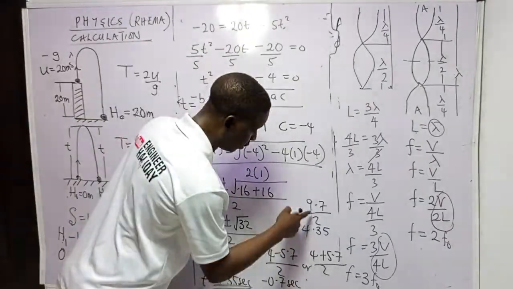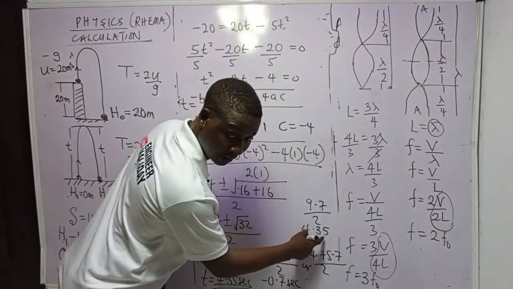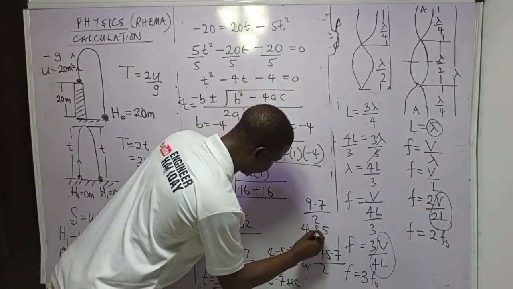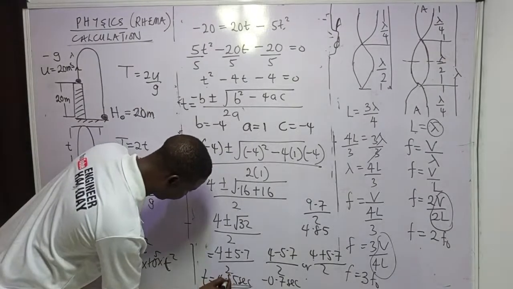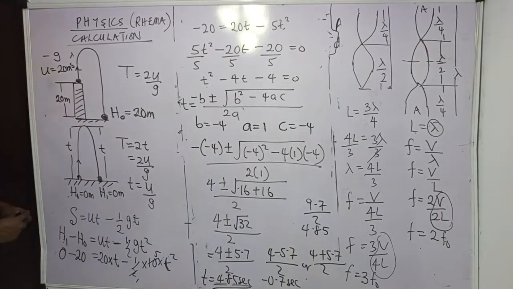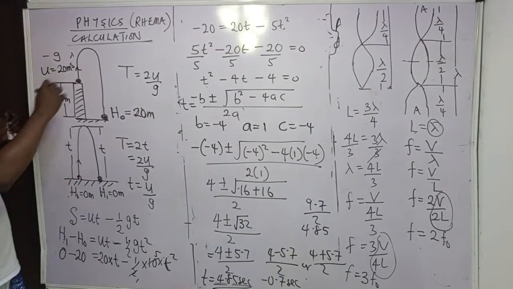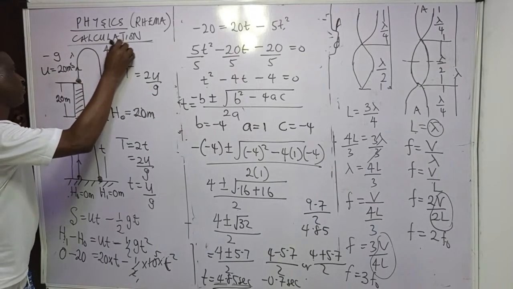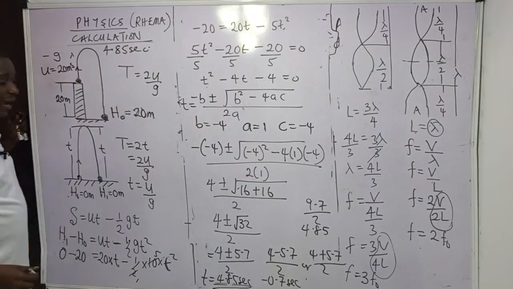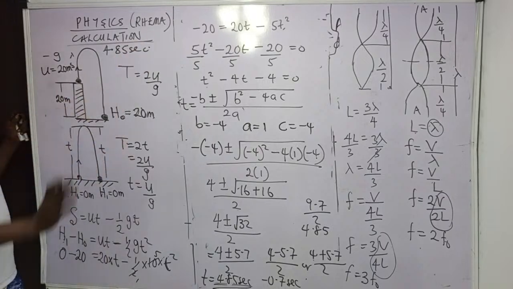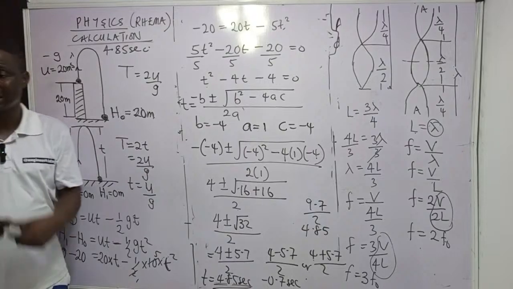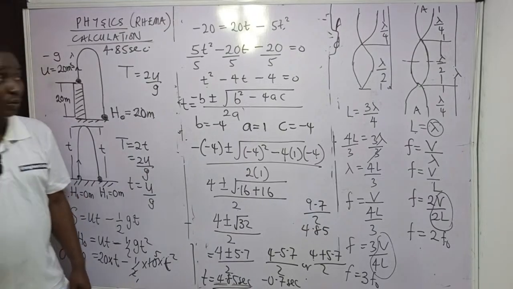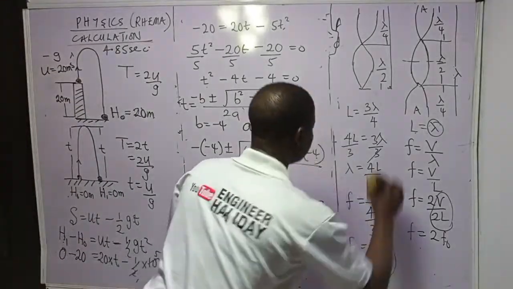So your time of flight is 4.85 seconds. The other one is negative, so you throw it away, because time cannot be negative. Any question there? Yes, somebody ask a question.